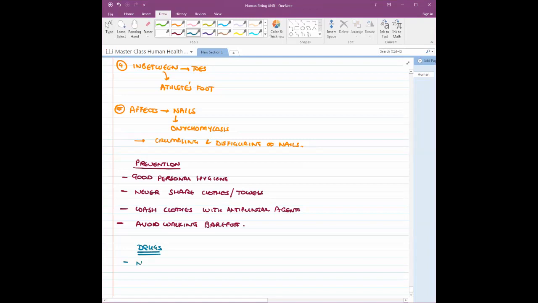Drugs like nystatin. Sometimes you must have heard of this nystatin powder, or we have fluconazole or itraconazole. Fluconazole and itraconazole, guys, especially fluconazole, there is this powder called Absorb.